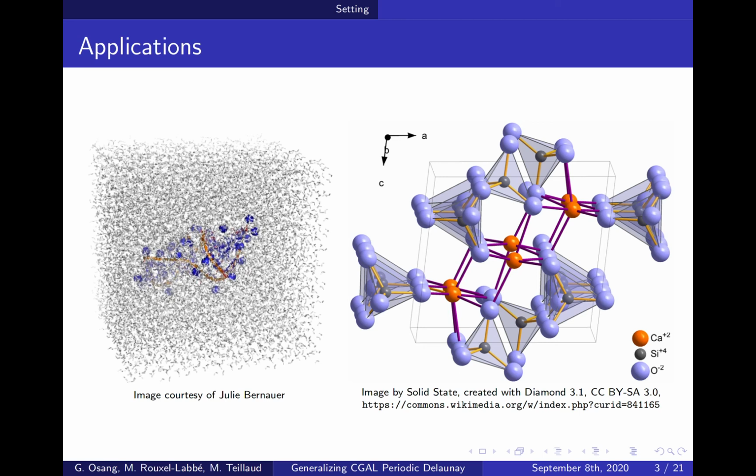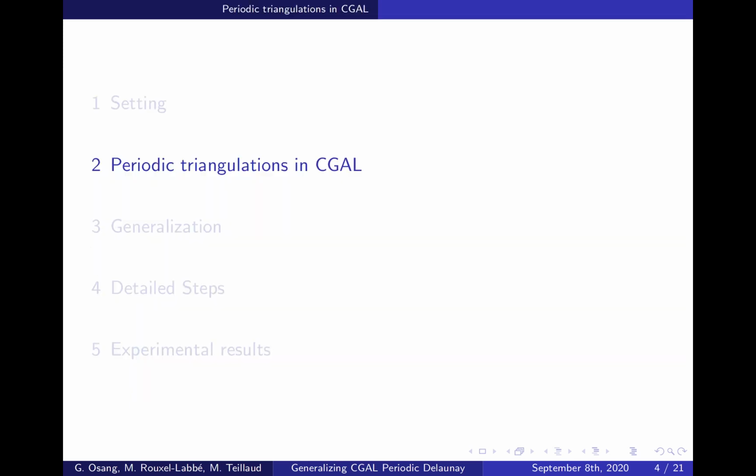So it's not like a cube or a rectangle, but a different shape of the domain in which we have the representative point set. This is interesting, for example, when studying pore geometry in zeolites and trying to predict physical properties of these crystals.